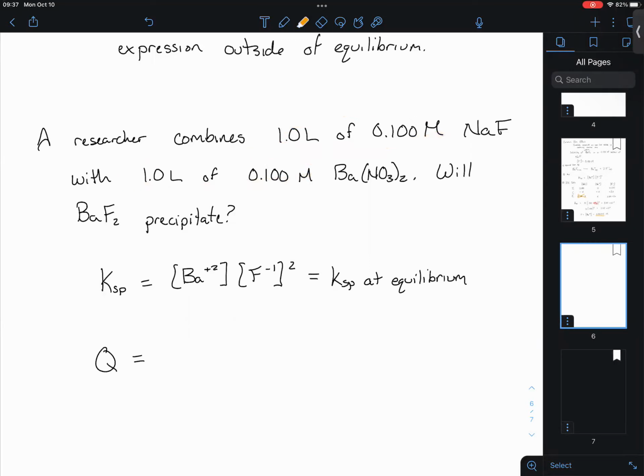This is before I've accounted for any reaction that's occurred. So I'm going to take 0.100 moles divided by now 2 liters, so I have to account for the fact that my volume's changed, times 0.100 moles over 2 liters, squared.